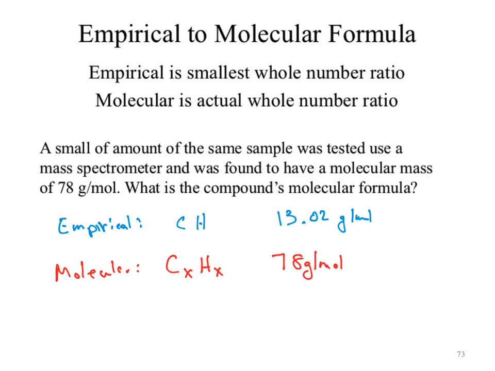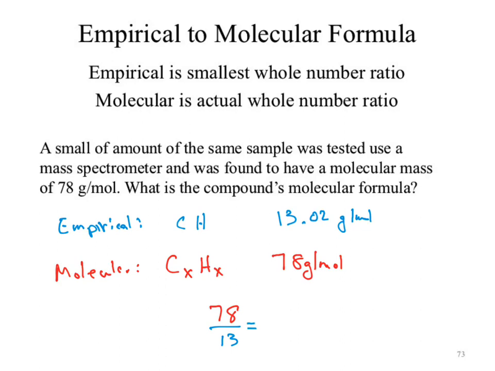Kind of along the lines of what James had suggested. I take the molecular mass, that's 78, and I don't want to divide by the number of atoms because it's the mass that's important. What do I want to divide by? The molar mass for the empirical formula of 13.